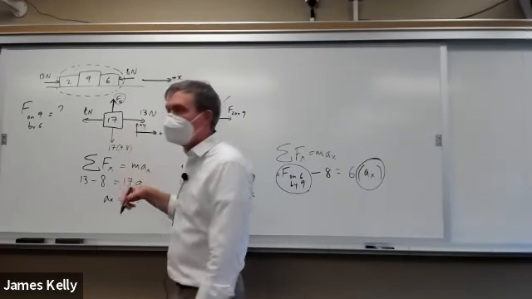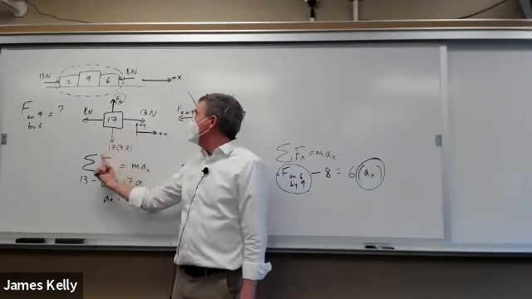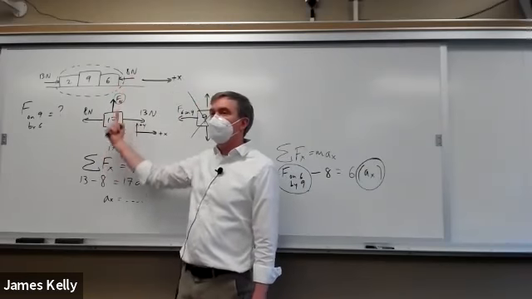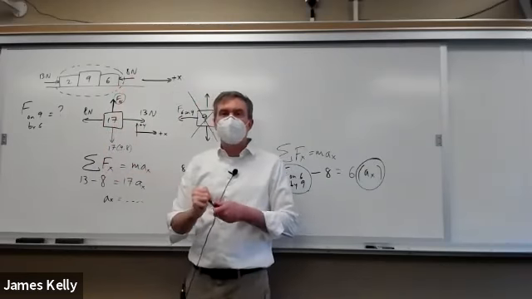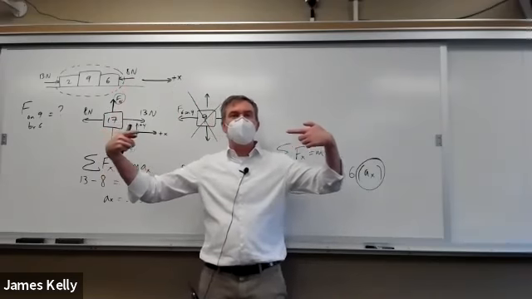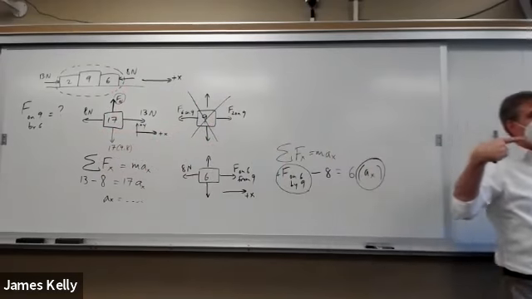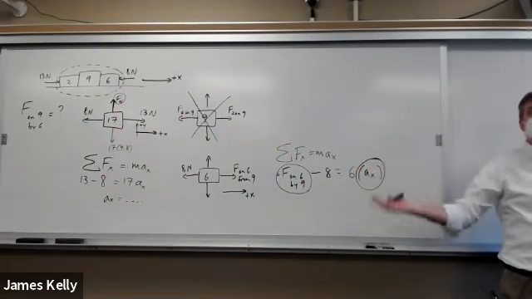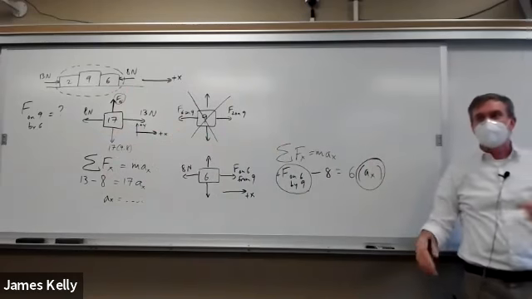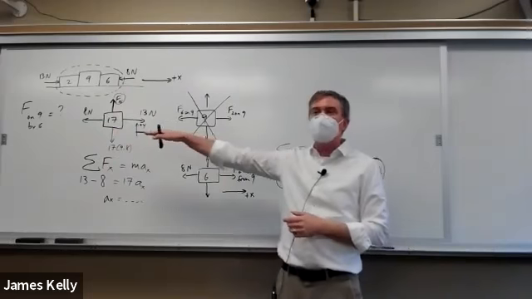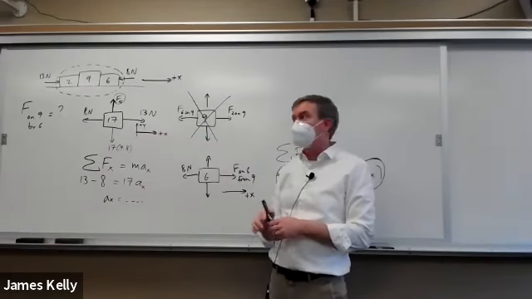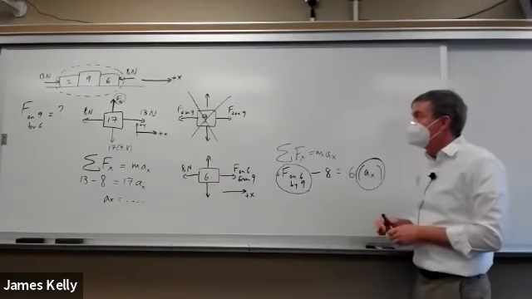I didn't even label it, but I could have done that. And then I could have done F net y equals may. Now I know ay is 0 because all the motion is along the horizontal direction. If ay were not 0, it'd be blasting off or burrowing into the ground. It's not doing that. It's moving horizontally, and so the only acceleration can be horizontal. And so ay is 0.